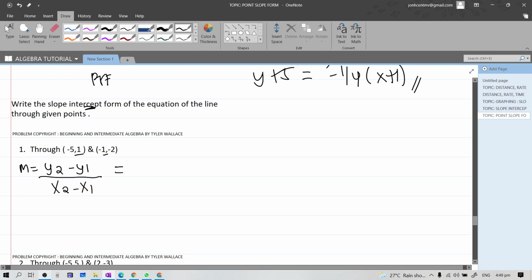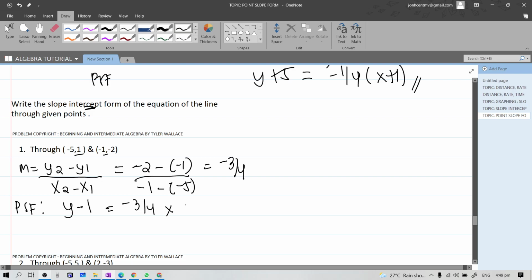So, let us evaluate the value. We have negative 2 minus negative 1 over negative 1 minus negative 5. So, we will have negative 3/4 as the slope. And using the point slope form formula, that is y minus 1 is equals to negative 3/4 times x minus negative 5. So, it becomes y minus 1 is equals to negative 3/4 x plus 5.